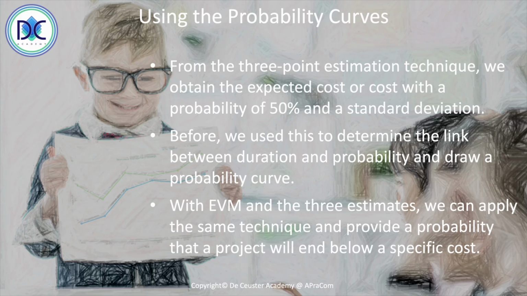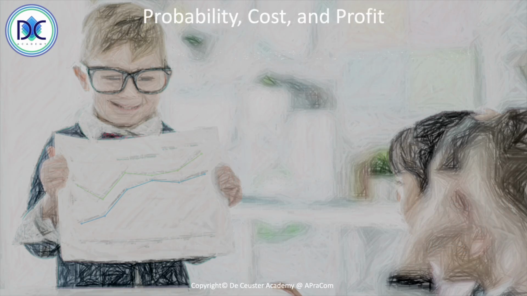Now, the next thing is to look at the cost and the profit. You have to understand that when we do a project, we want to create a value, and a value can be expressed as a financial value, a financial cost, and a profit and loss. So the goal of the project is to realize that value.